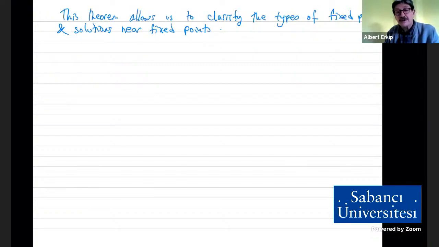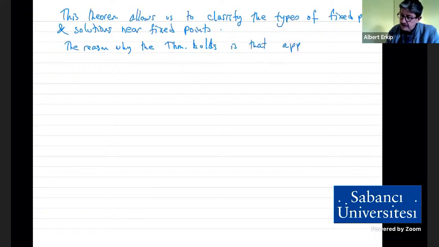Now, why is that? The reason the theorem holds is that approximate systems have solutions that are close to one another.